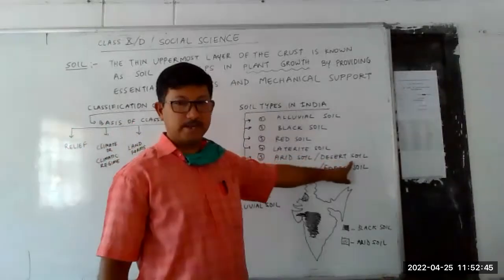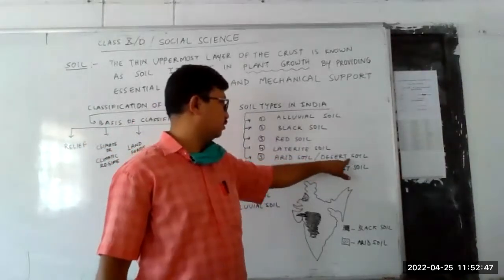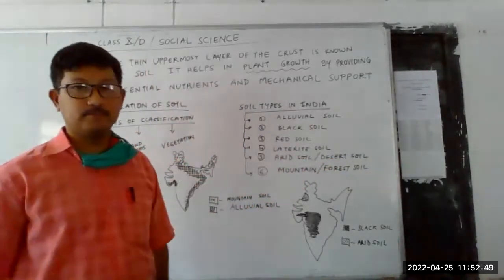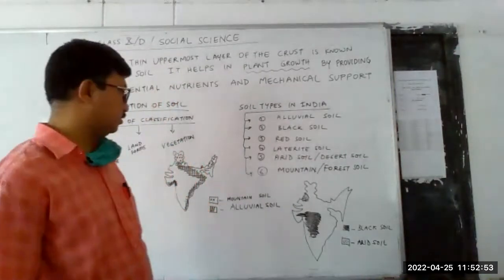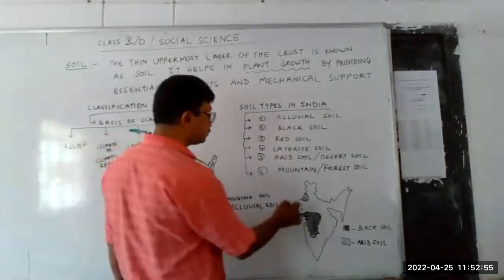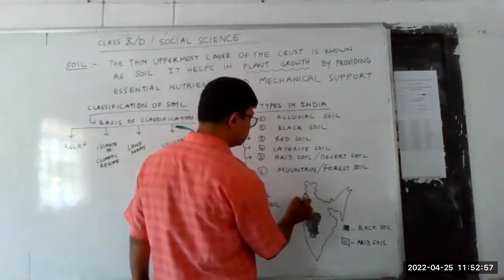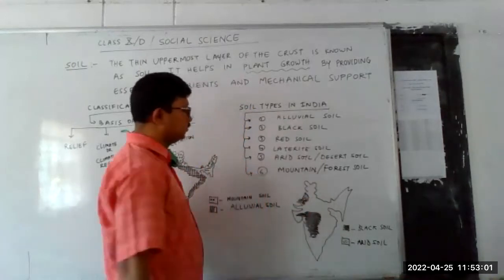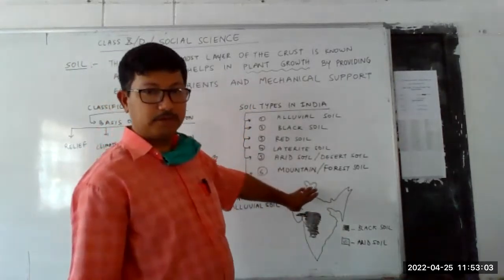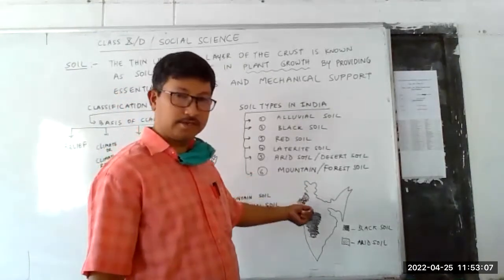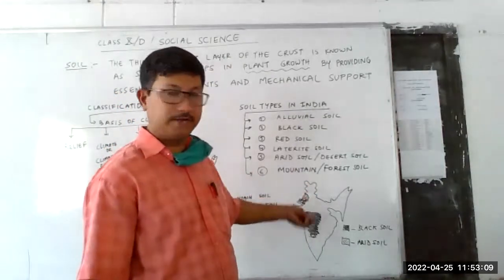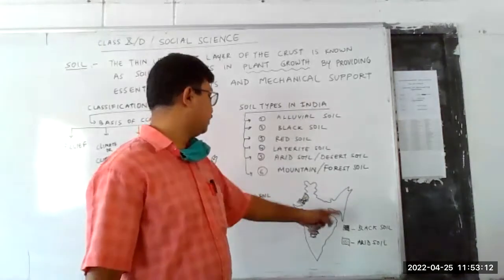What is another name of arid soil? It's also known as desert soil. So it is the northwestern part of India in Rajasthan where there is the Thar desert. The soil found in the Thar desert and the areas around it is known as arid soil.